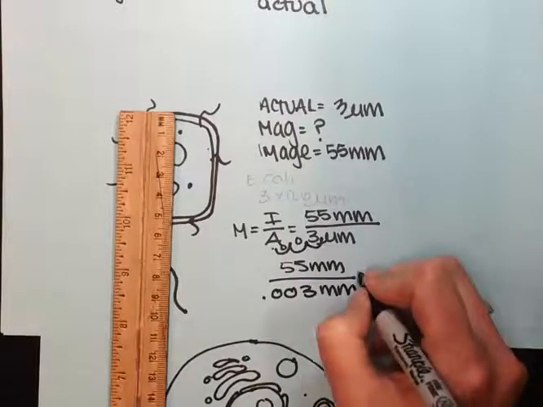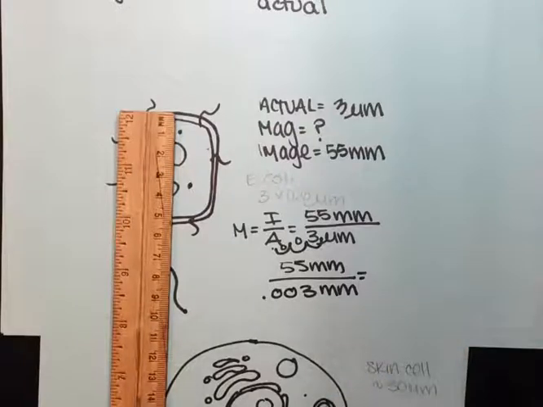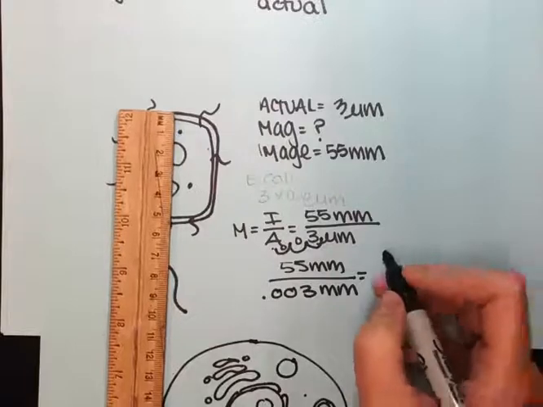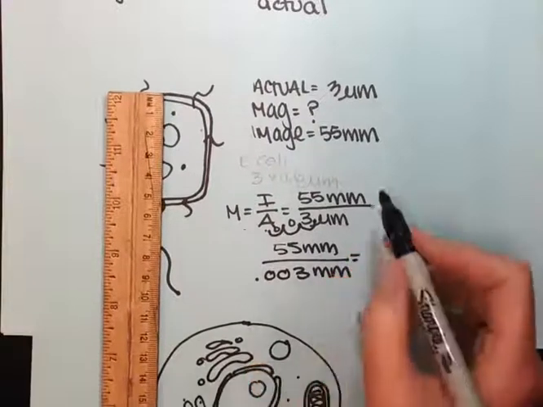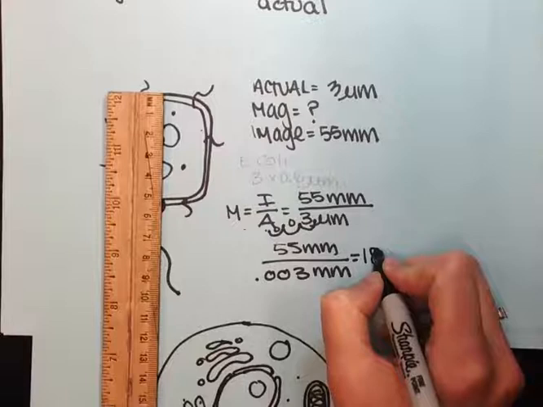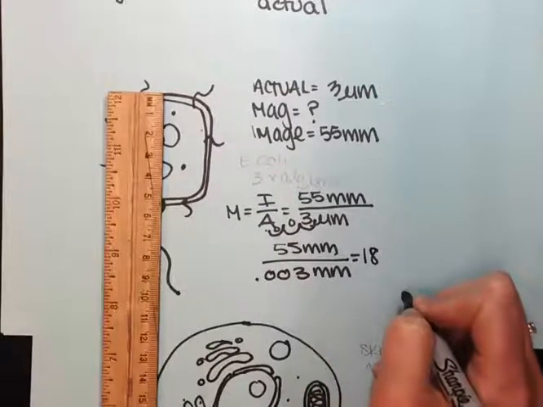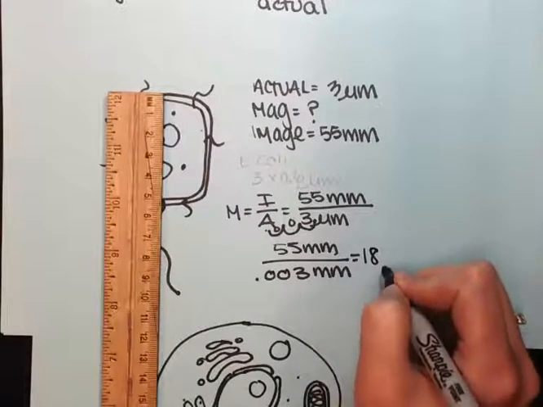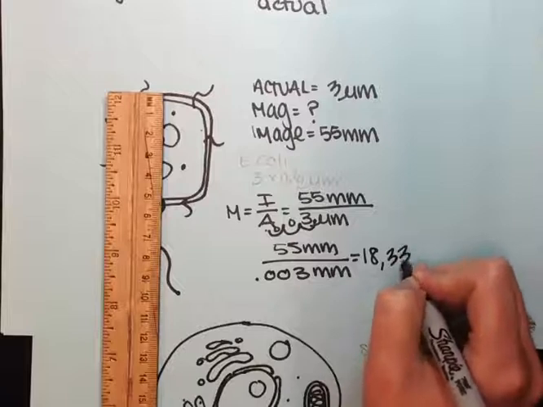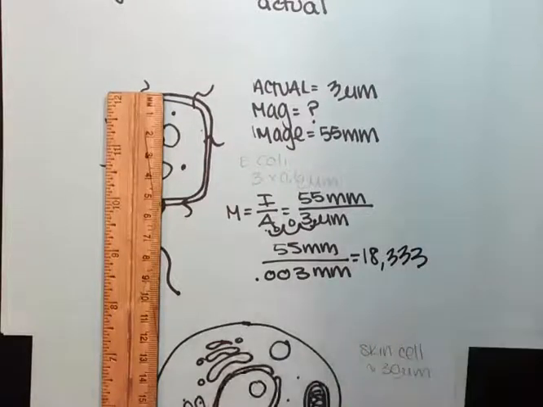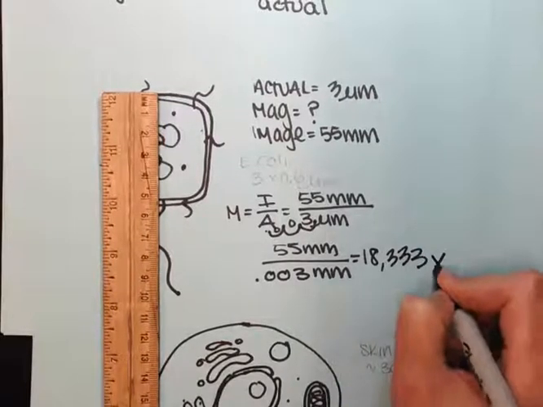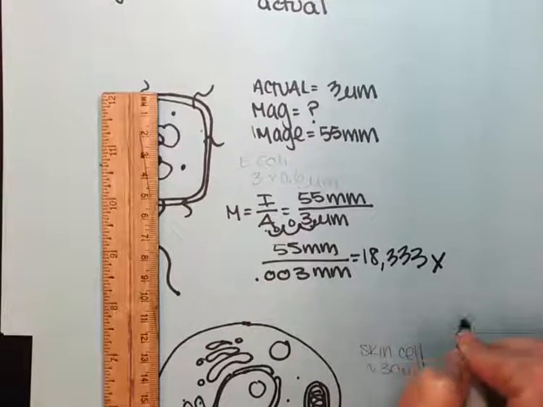Again, does that make sense? Yes. And now I'm going to use my calculator. So 55 divided by 0.003 gives me 18,333.333. So 18,333x, or magnification.